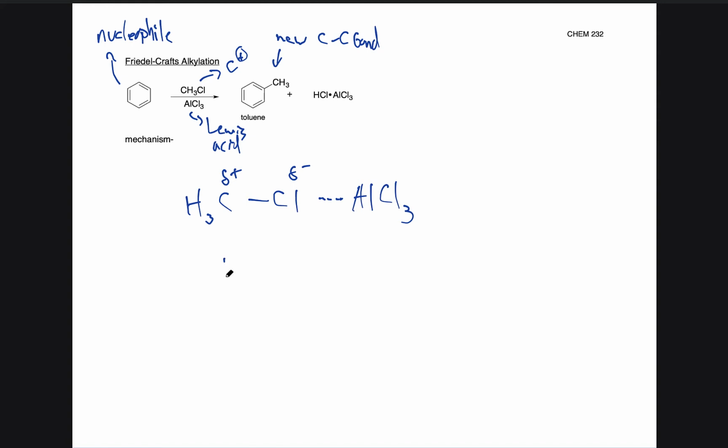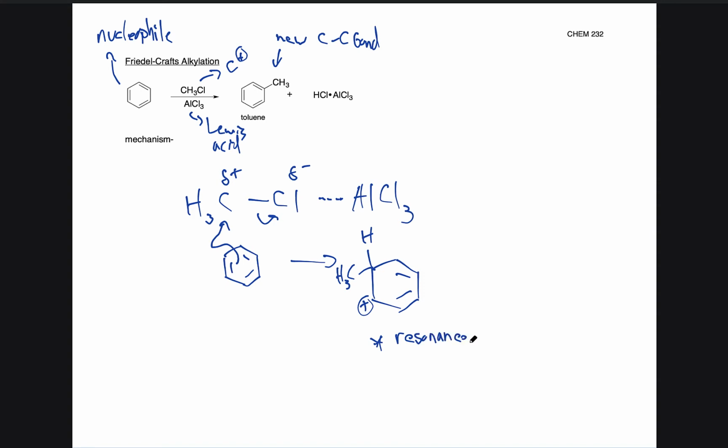Our benzene, our nucleophile, will come in and attack our electrophile, generating our reactive carbon intermediate, which is also resonance stabilized from those nearby double bonds, so that positive charge can delocalize. In the final part, we have a base, Cl- in this case, coming in to generate our product, specifically our alkylated benzene.